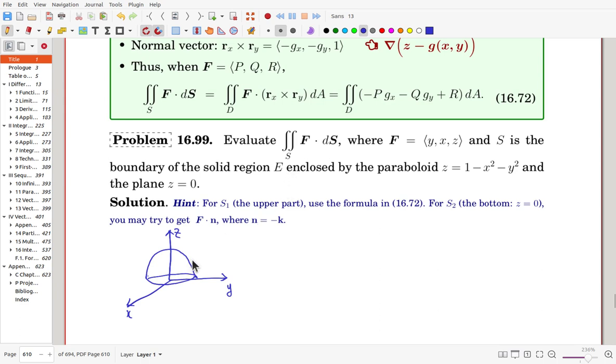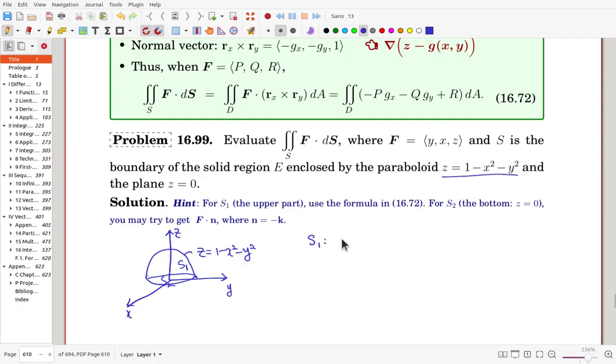Let's say this side, z equals 1 minus x squared minus y squared, is S1, and let's say the bottom is S2. Then let's begin with S1. The parameterization is naturally this one.